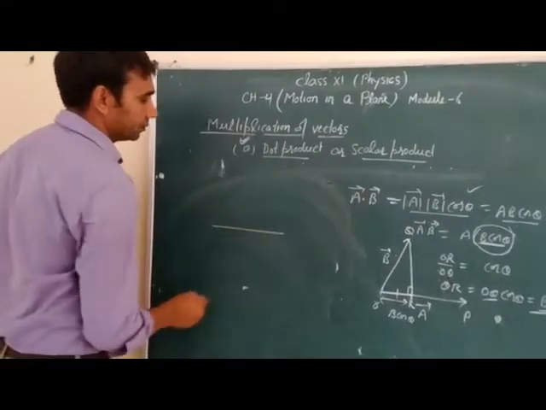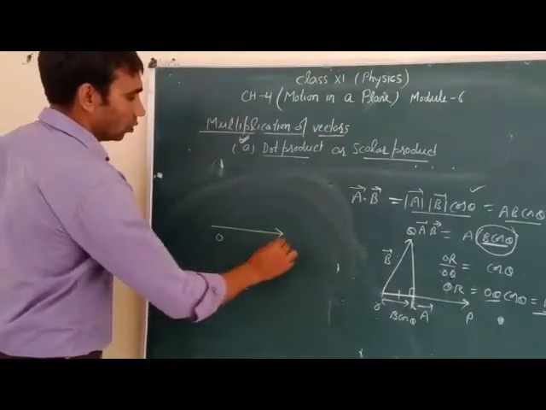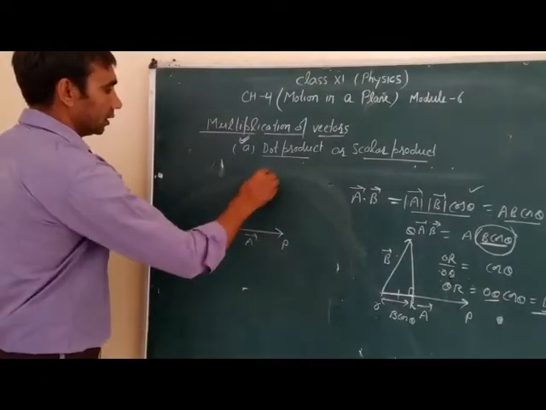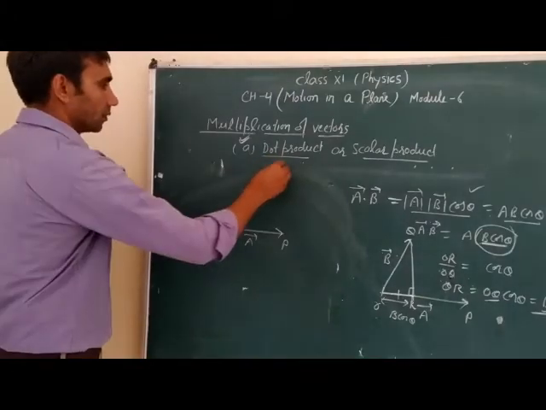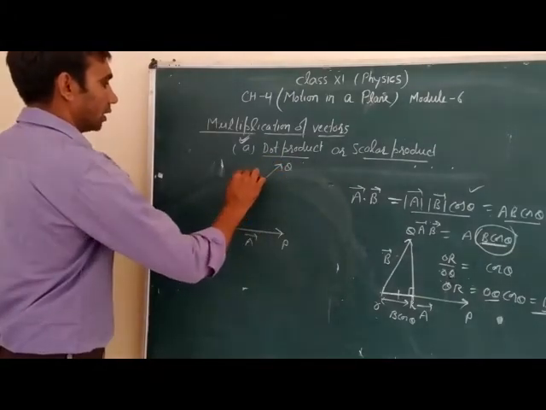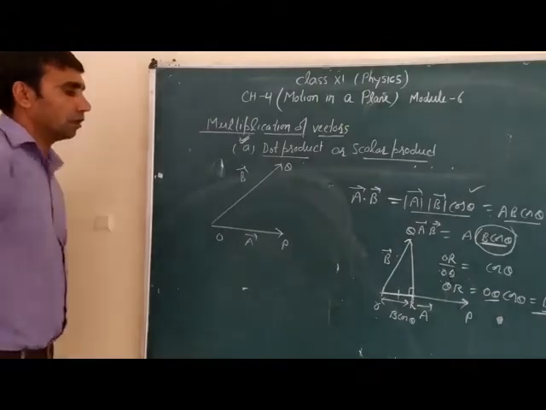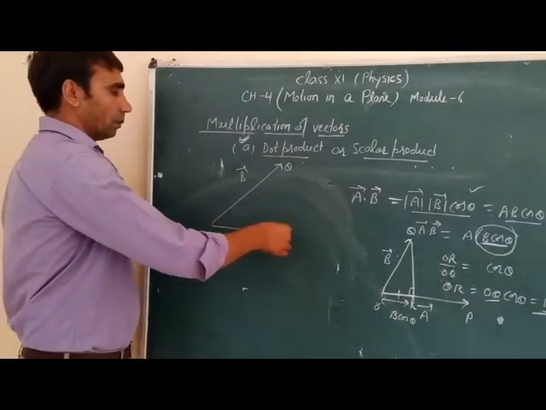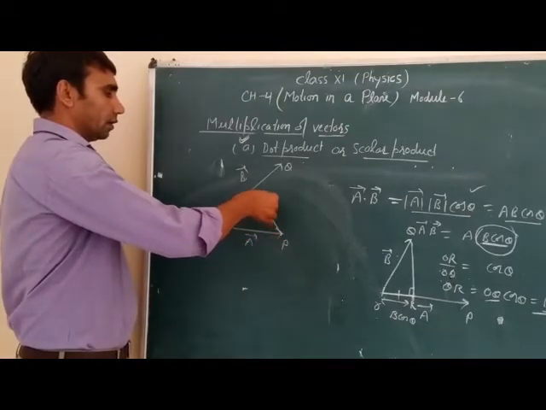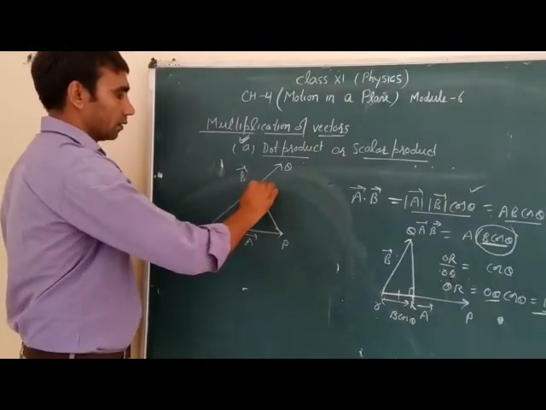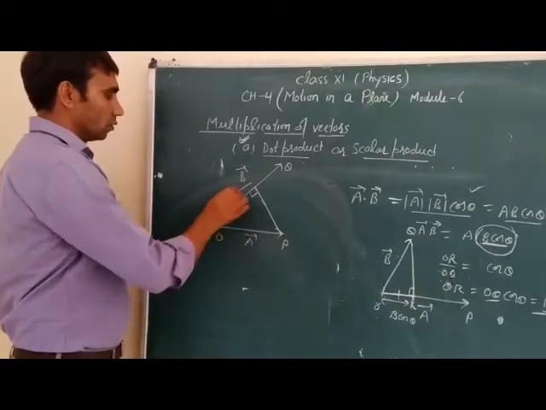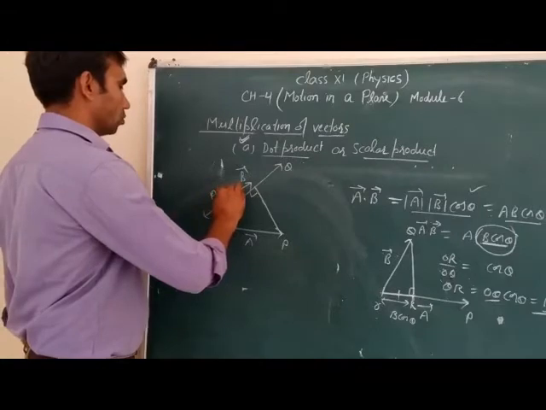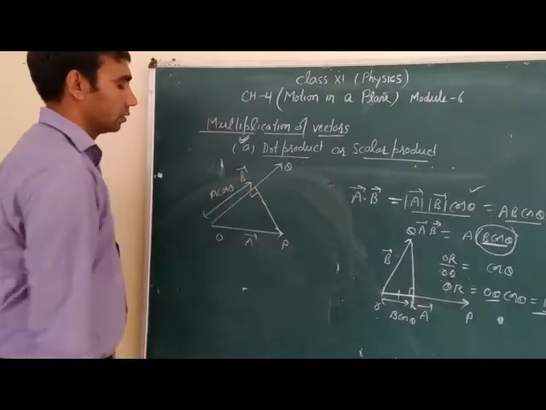Again, geometrically, this is vector A, OP, and another vector OQ, vector B. From point P, draw a perpendicular on vector B. This gives A cos theta.